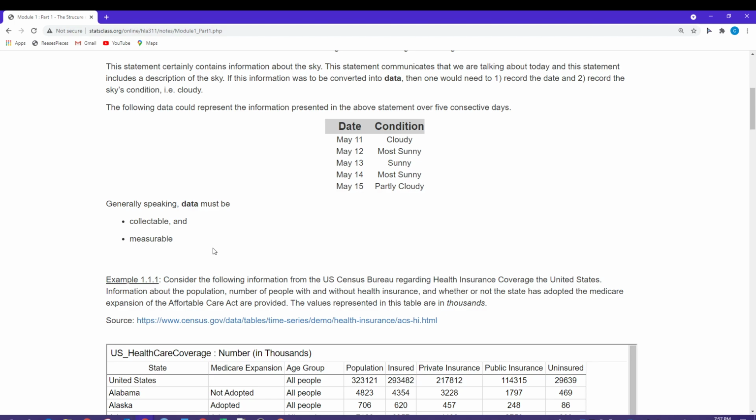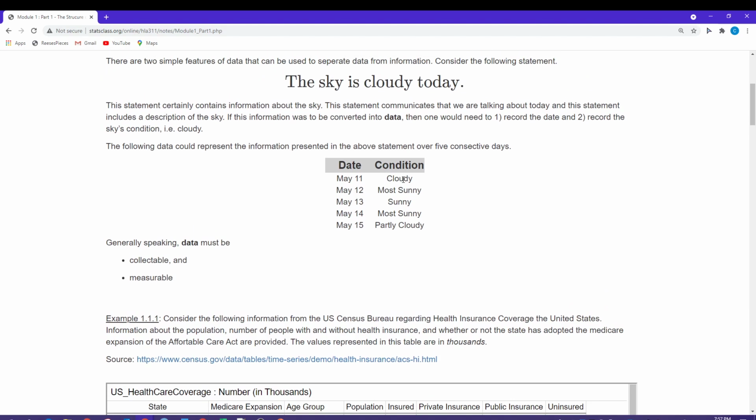That's certainly something that's measurable, but just the sky's condition is measurable as well. Okay, the National Weather Service has definitions for what it means to be cloudy or what it means to be sunny. So we can say that the condition of the sky is indeed measurable, even though we're not using numbers to identify or measure those quantities.